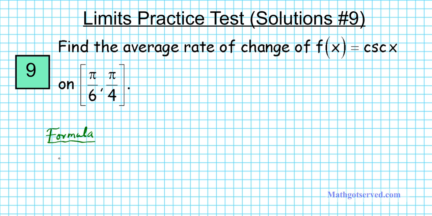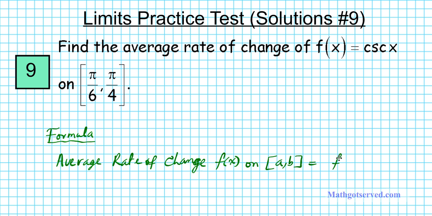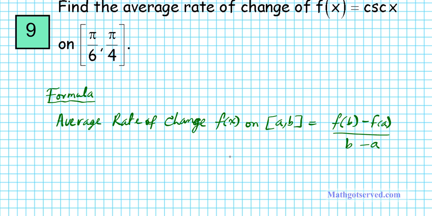The average rate of change of f of x on an interval AB can be given by f of b minus f of a, that entire thing divided by b minus a. Okay, so that's the formula for the average rate of change.